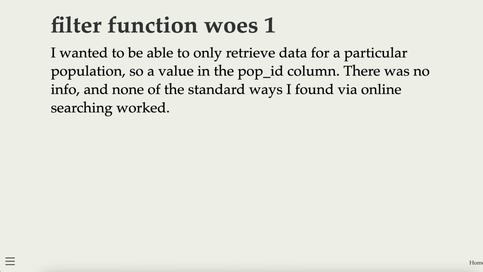I don't want to get everything. These are massive tables. I certainly didn't want to download 10,000 things just to get pop ID, which maybe only has 10 rows. That wouldn't make any sense. So I wanted to be able to put somehow in my URL that I only want the data for pop ID equals 1.